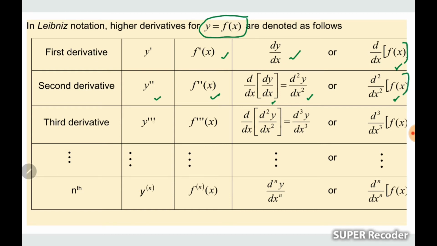For the third derivative, you can write y triple prime, or f triple prime, or d cubed y dx cubed. And so on.